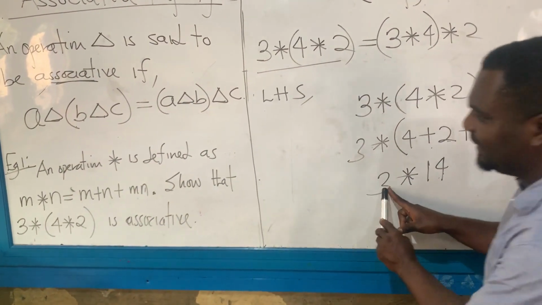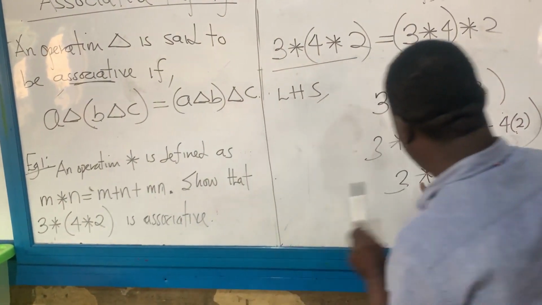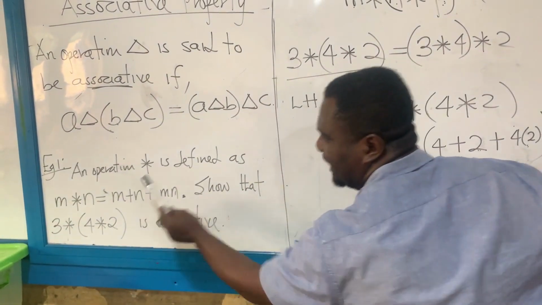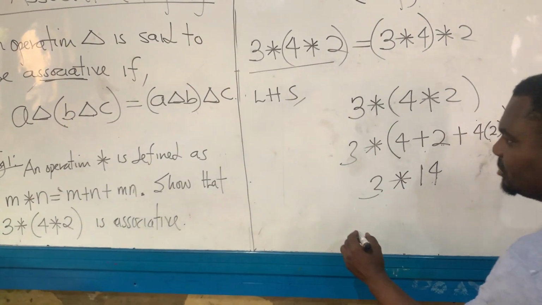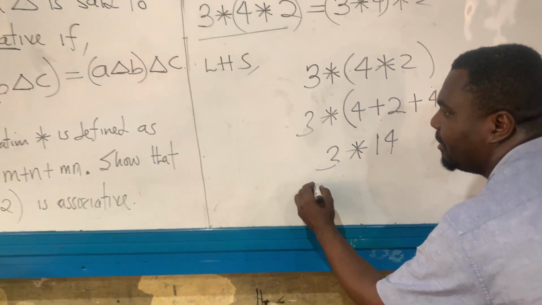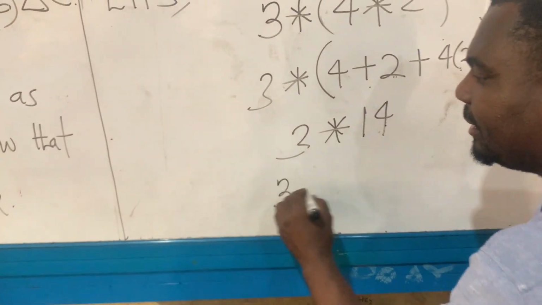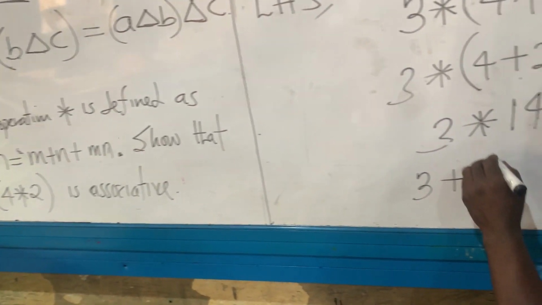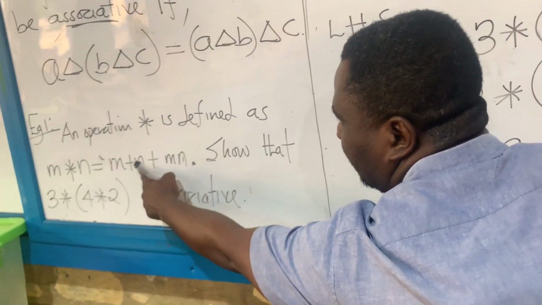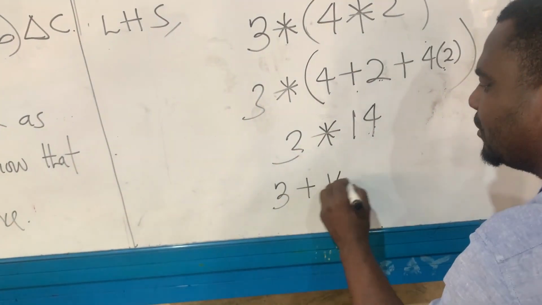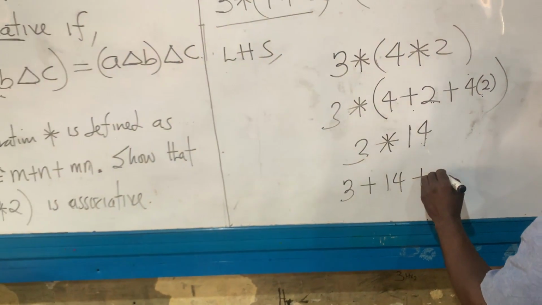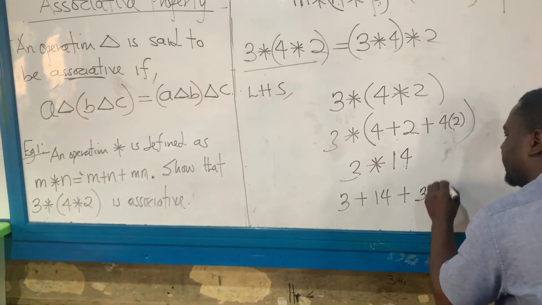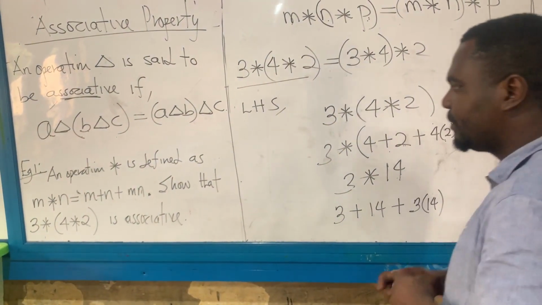Which means my 3 is m and my n is 14. So when I come here, it's going to be 3 plus 14 plus 3 times 14.